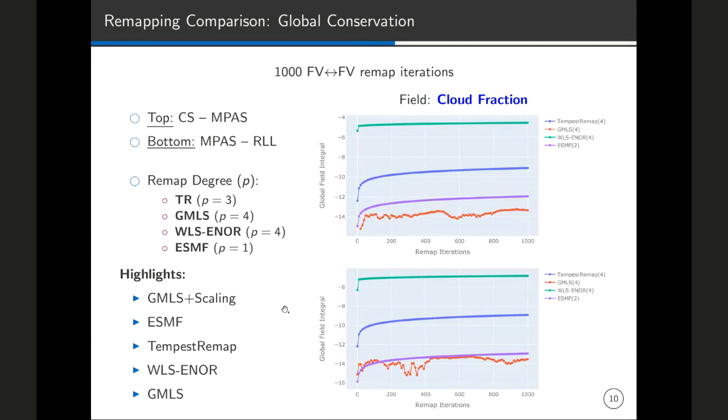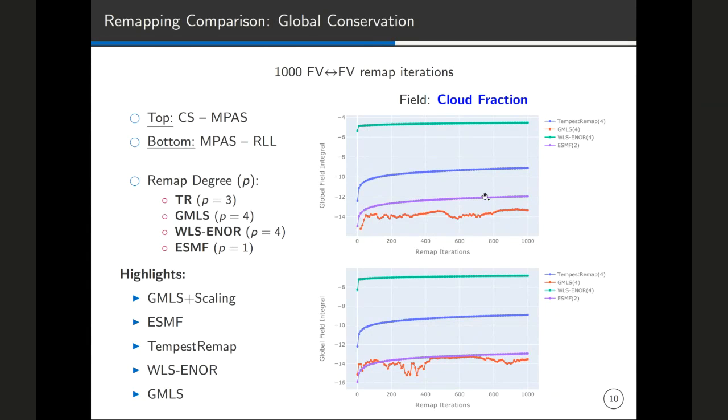While if you actually apply scaling to it, which is essentially just a normalization, you can achieve the global integral, which is not surprising. But the ESMF first order and second order conservative scheme performs the best here in terms of the L2 projection. And the WS-ENOR scheme actually does not conserve globally.